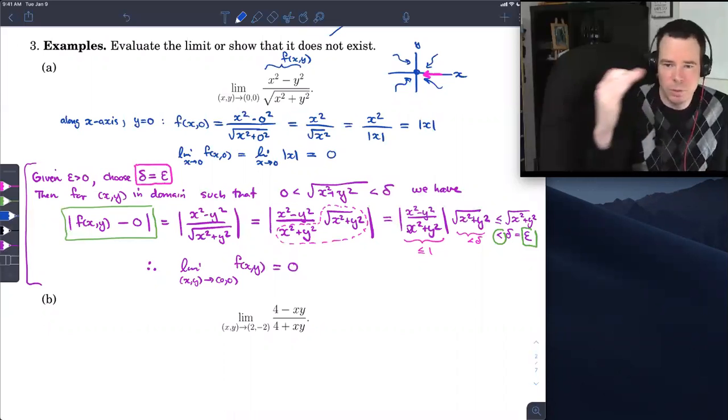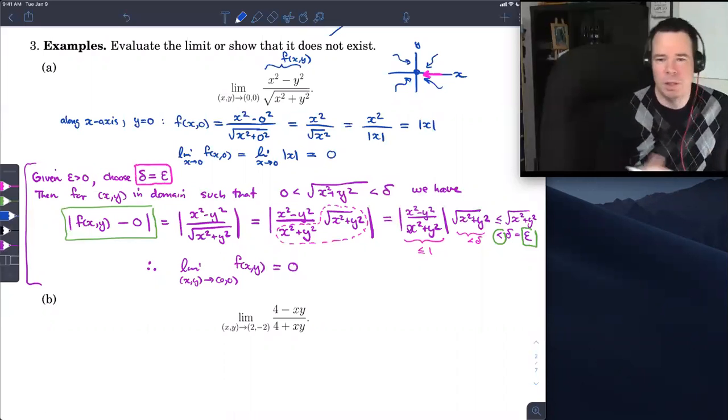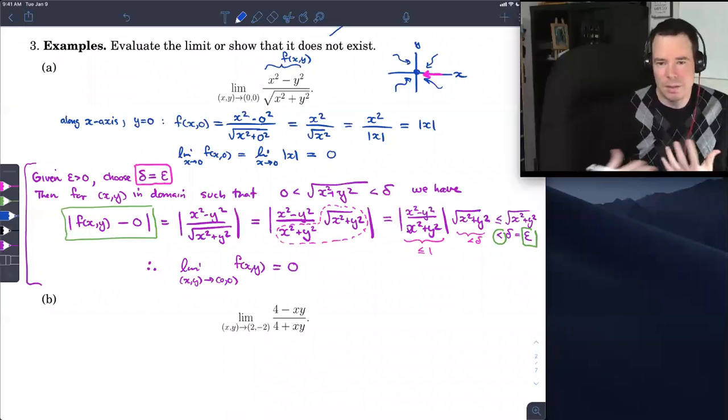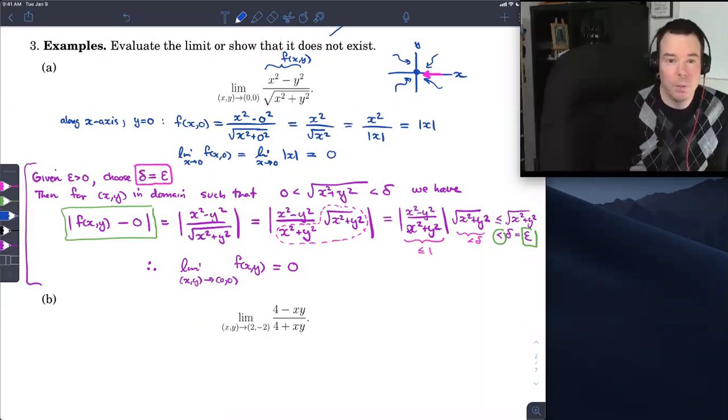If I get a 0 over 0 type limit, then I know there's more work to do. Maybe L'Hopital's rule, if you were sufficiently far along in the course, you could do that. Or if it was type 0 over 0 earlier on in the course, then you do some algebra, simplification, try to factor some stuff out. You do basically algebra to evaluate limits. And we can do the same kinds of ideas here.